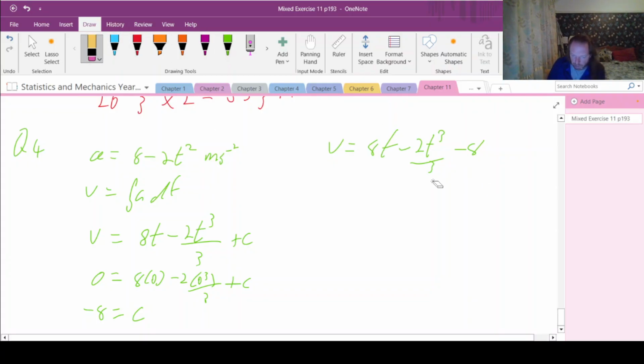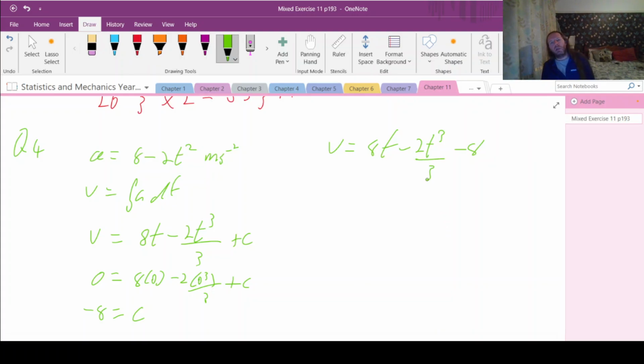Okay, with that in, we want to differentiate that so that we can then find a slope equal to 0. Now if we differentiate that, are we going to end up at the same place?